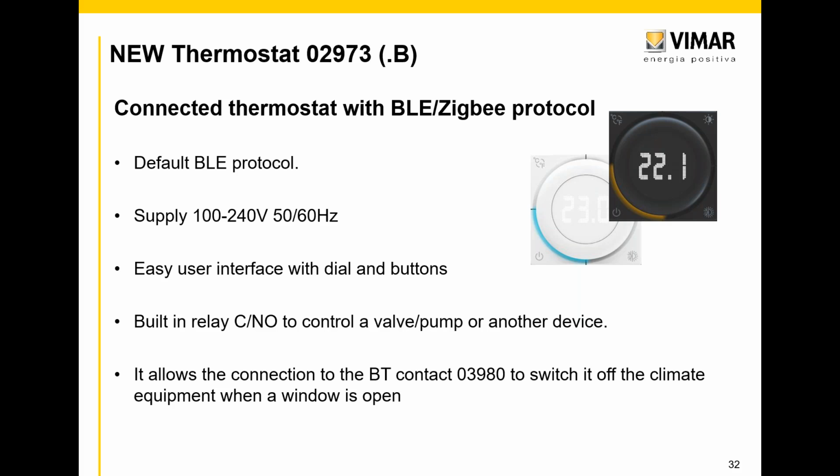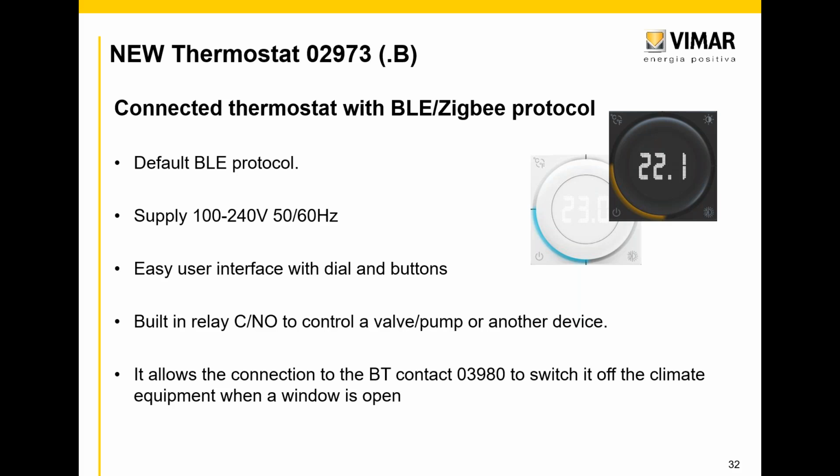So it is a very easy user interface, and it also has very nice and easy to understand light feedback in terms of the operation. For instance, it has a blue or amber backlight to identify the operation, winter or summer, or the complete dial backlight to indicate the activation.